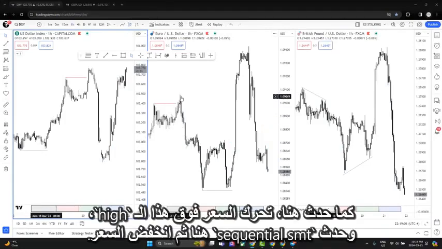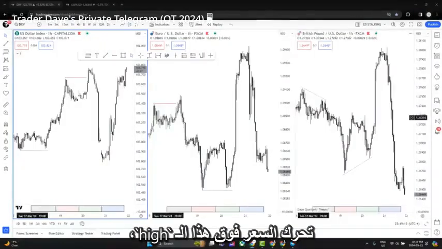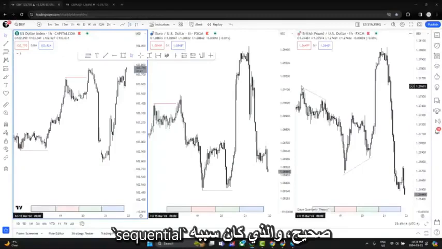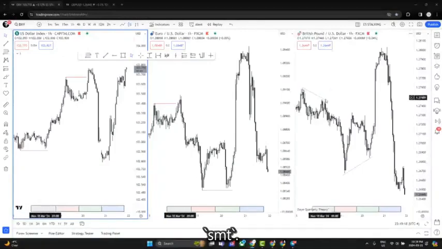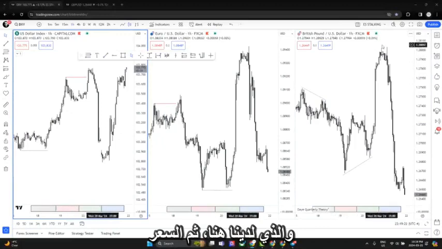That is how it happened here too: price ran above this high, sequential SMT happened here, then price fell. Price ran above this high, which was caused by sequential SMT, and when we had sequential SMT here, price fell.